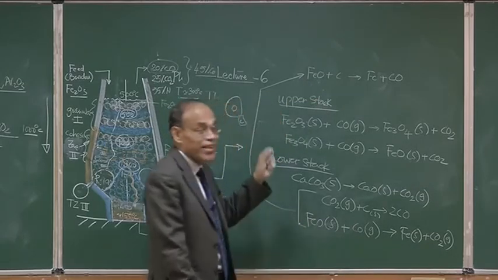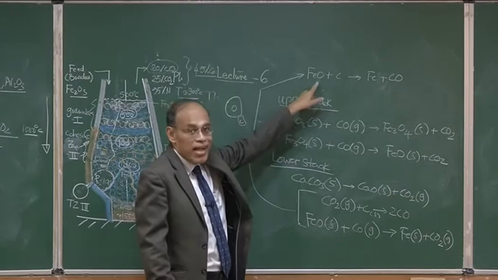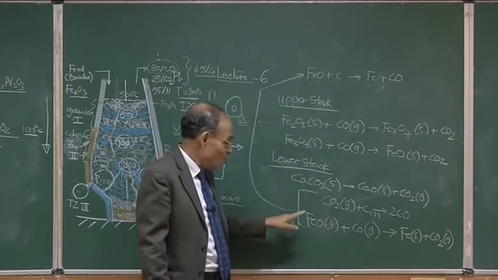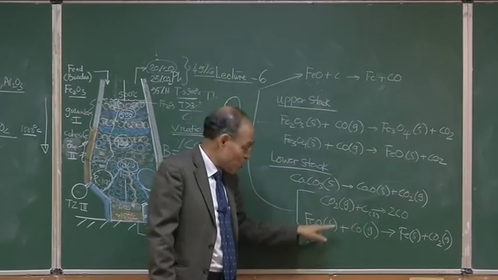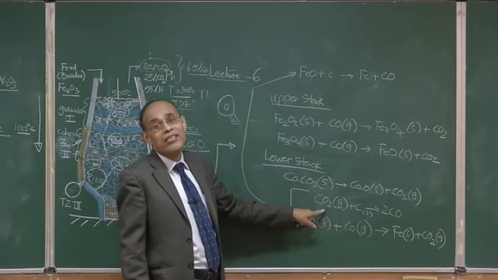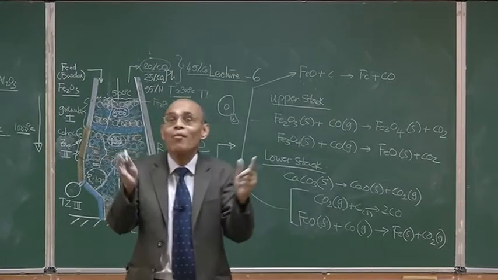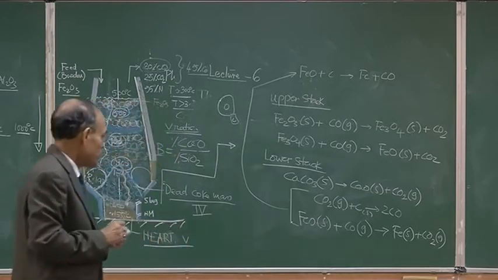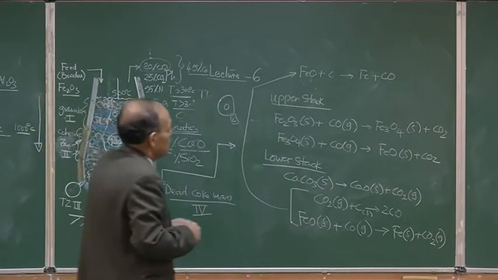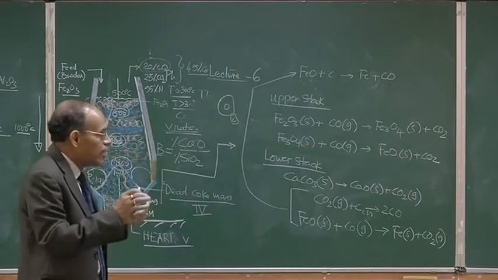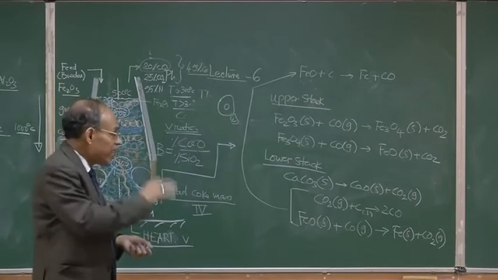Therefore, we can make the statement: direct reduction in an iron blast furnace is equivalent to indirect reduction by CO plus the Boudouard or gasification reaction. The gasification reaction combined with the indirect reduction reaction becomes equal to the direct reduction reaction.